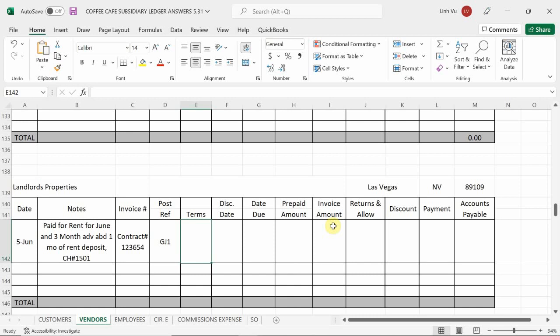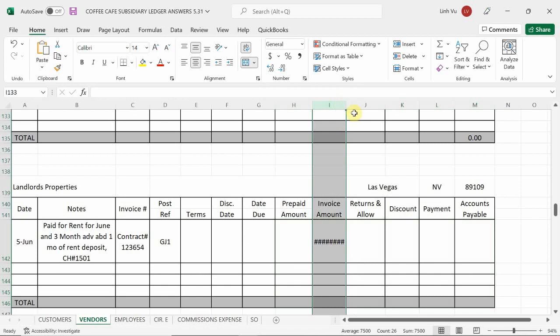No. Okay? But however, what did my contract tell me that I owed? What was my invoice amount? Invoice amount was $7,500. After all the services that were listed on that contract, it amounted to a total of $7,500.